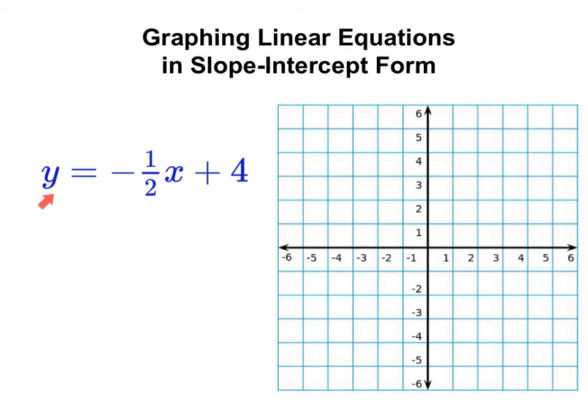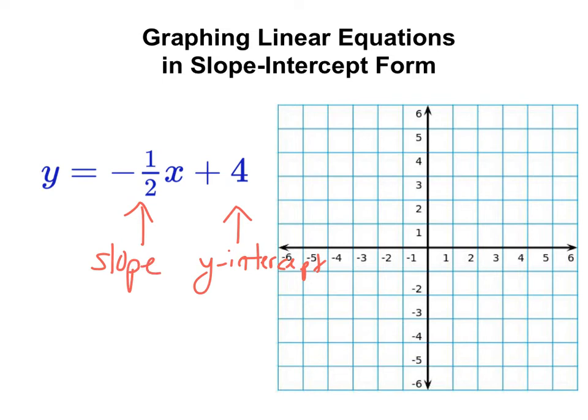All right, let's look at another example. In this one, we have y equals negative 1/2 x plus 4. The first thing I'm going to do is identify my y-intercept, which is 4, and my slope is negative 1/2.